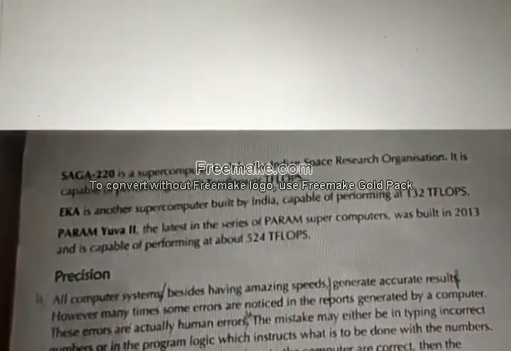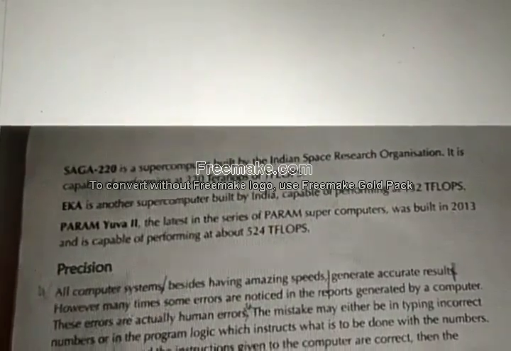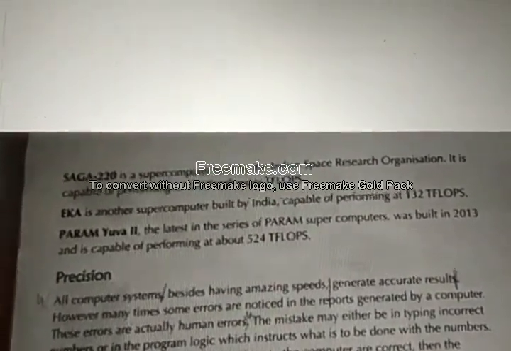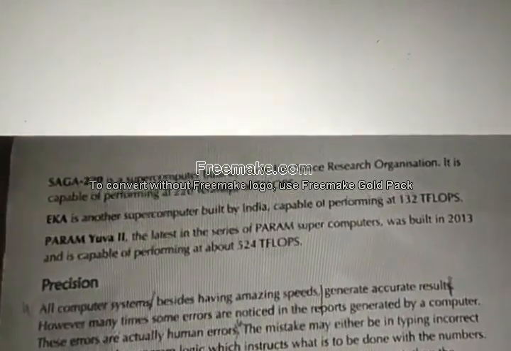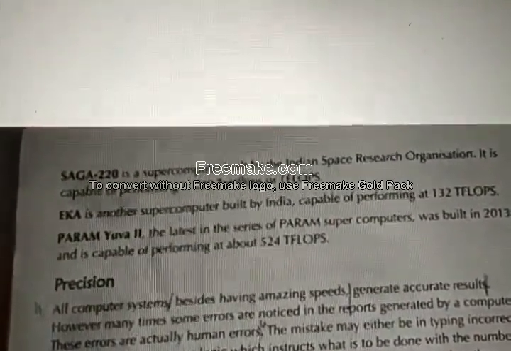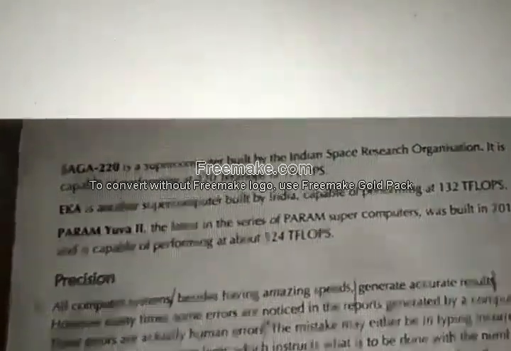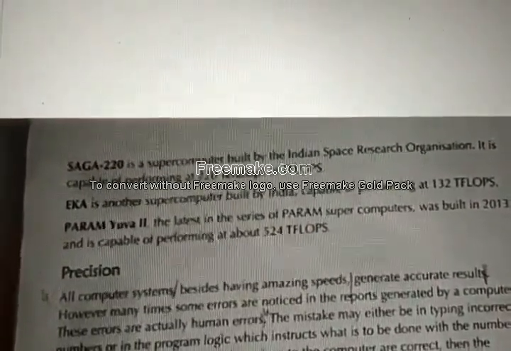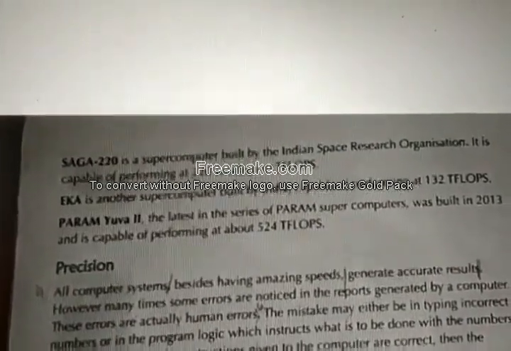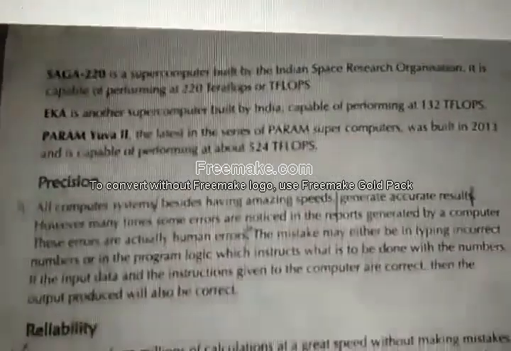instructions are read per second, not thousands, not lakhs, not millions. Billions of instructions read per second. How many billions? Not only 1 billion instruction is read. 220 teraflops means 220 billion instructions are read per second in the Saga 220 supercomputer.